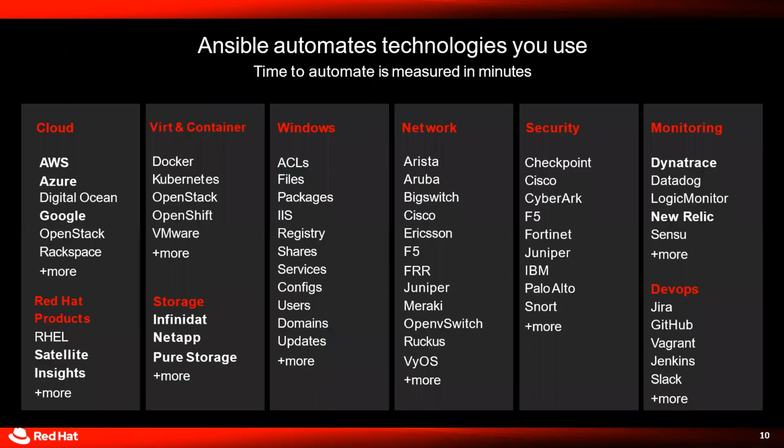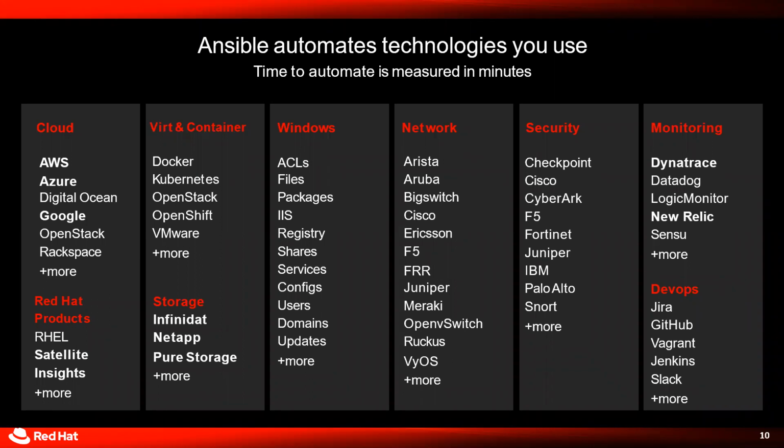Now, what can Ansible automate? If you look at the screen, it can automate cloud infrastructures such as AWS, Azure, Google, followed by DigitalOcean or OpenStack. As far as operating systems are concerned, it can automate your RHEL, Windows, and it also includes satellite servers.